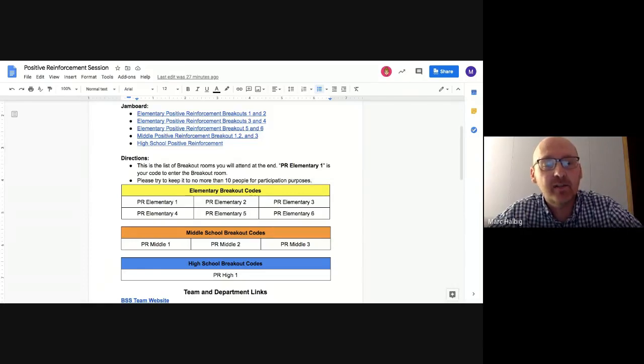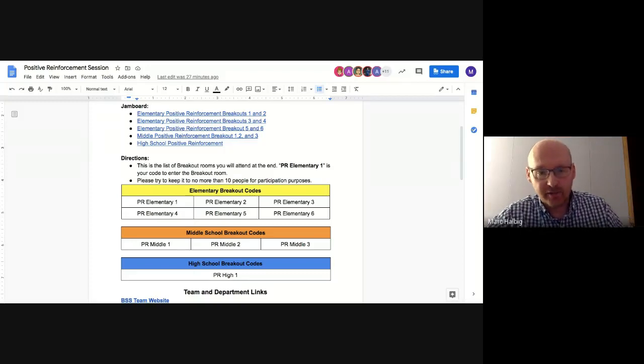At the end, time permitting, these will be the codes, and we have a lot of elementary in this session. So we are asking that you try and keep it to no more than 10 people in each of the breakouts so that people have a chance to participate a little bit easier. For example, if you end up in PR, which is positive reinforcement, elementary 1, you just type in that code. You don't need to worry about capitalization.